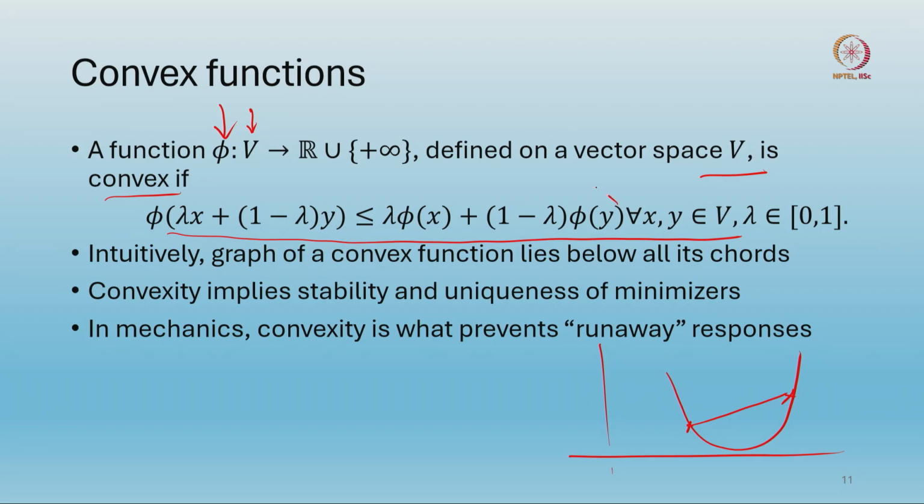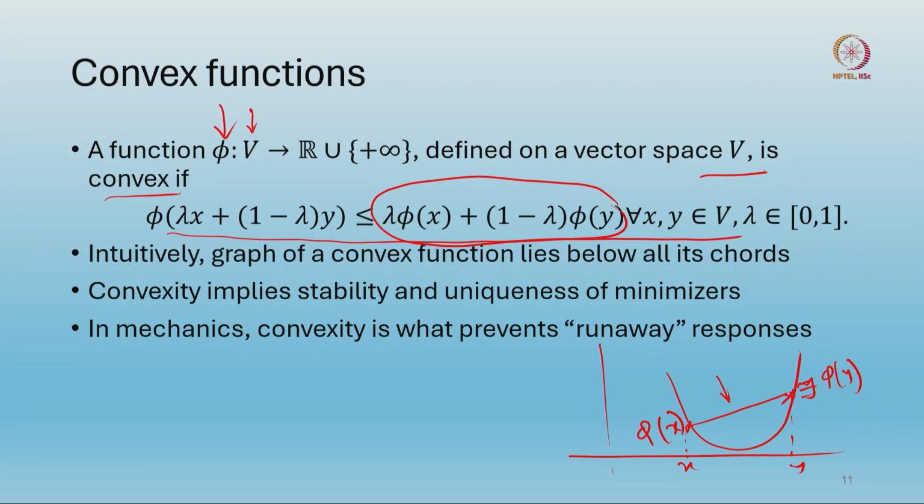This equation on the right, for any lambda between 0 and 1, is nothing but the equation for this chord. This is my x, this is my y, and this should be my phi y and this should be my phi x.